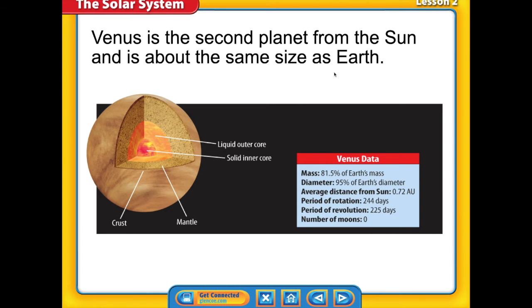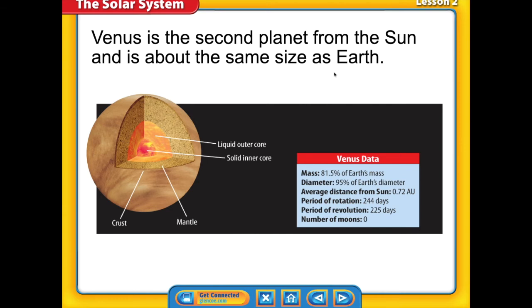Write down the word revolution, and then write 225 days. Revolution, 225 days. So a year on Venus, listen to this, is 225 days. A day on Venus is 244 days.